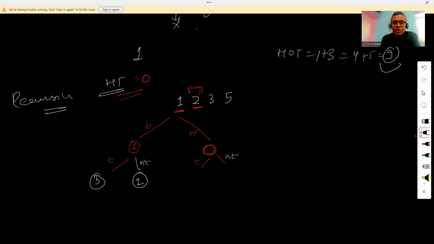Initially our height of tree is 0, so there are two possible combinations for 1, because 0 is smaller than 1. We can take it or not take it. For this one also, 1 is smaller than 2, so both options are available. Here also 0 is smaller than 2, so both cases occur.